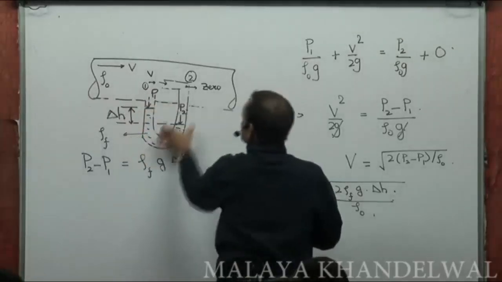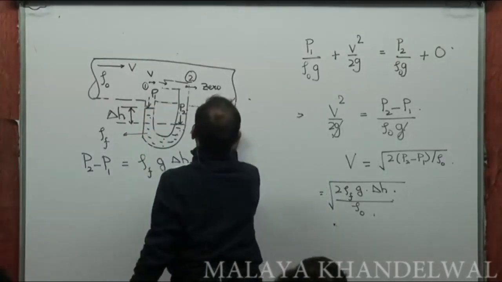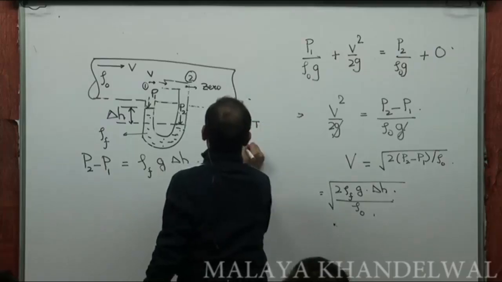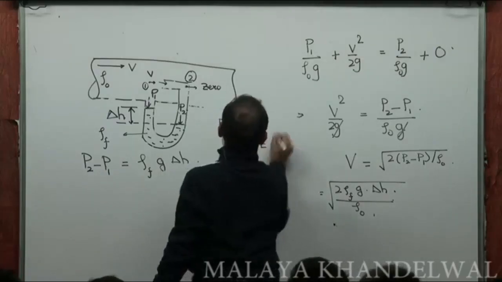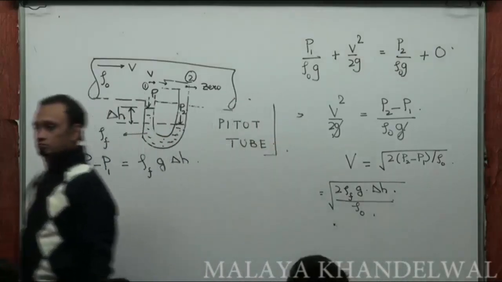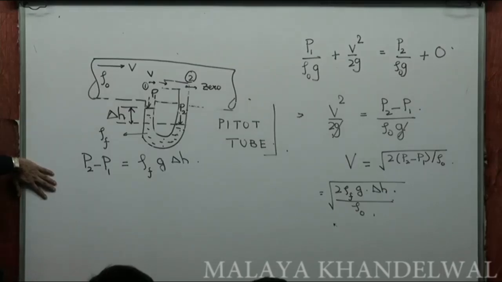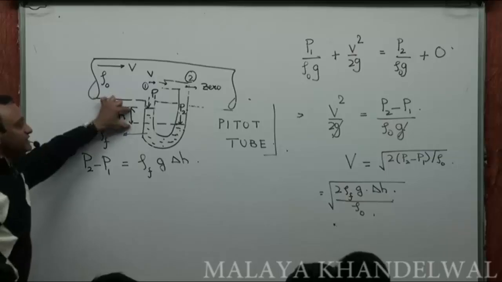This arrangement is called a pitot tube, which is essentially used to compute the velocity of flow through a channel, right? Just by measuring delta H.